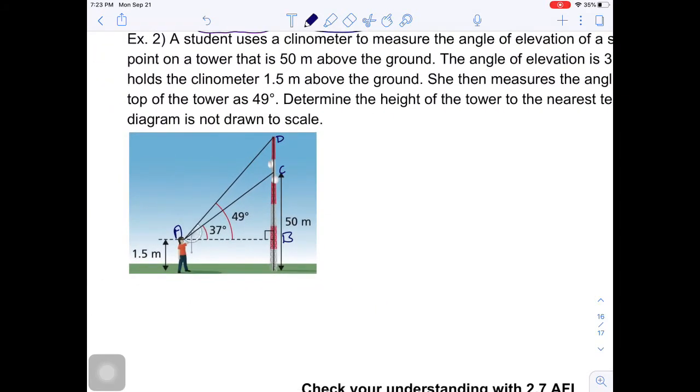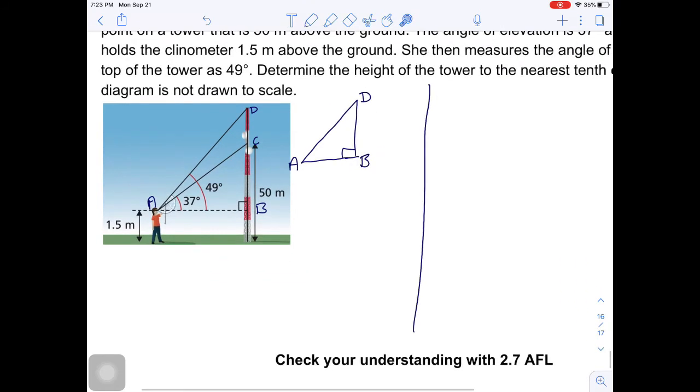So here, I have two triangles. I have one right triangle, which is A to B to D. So right here, A to B to D. And I have another right triangle, which is A to B to C, which is a little smaller. Still a right triangle, so this is A to B to C.